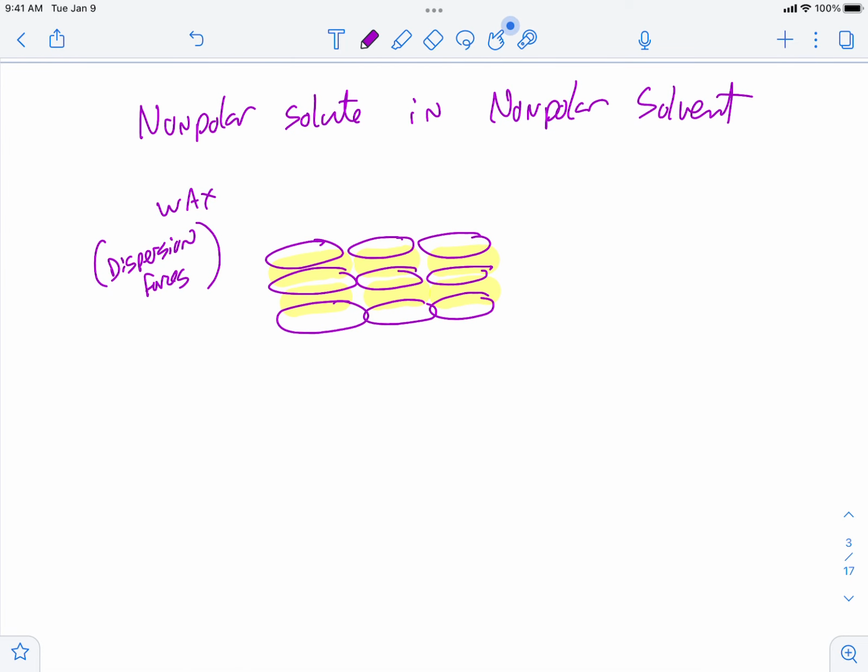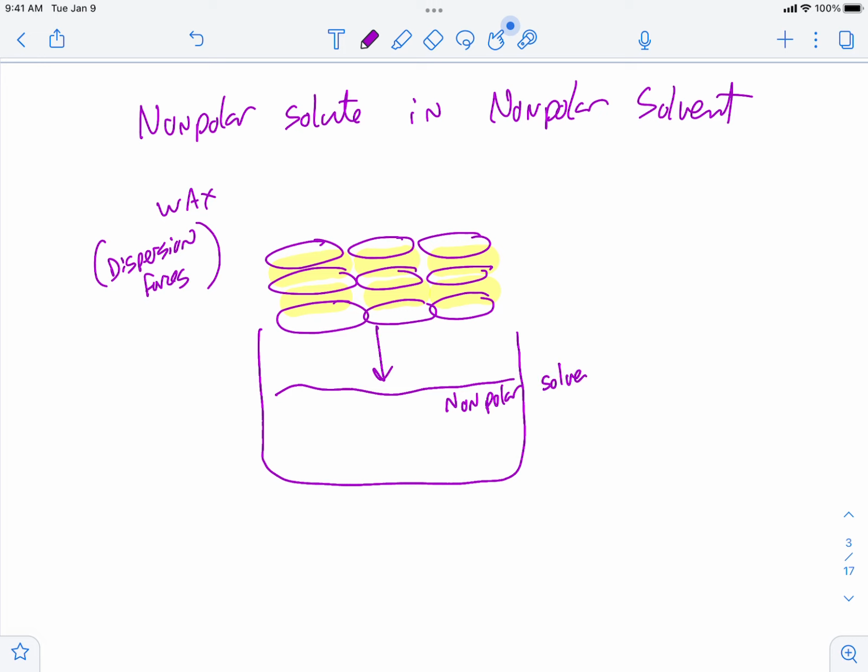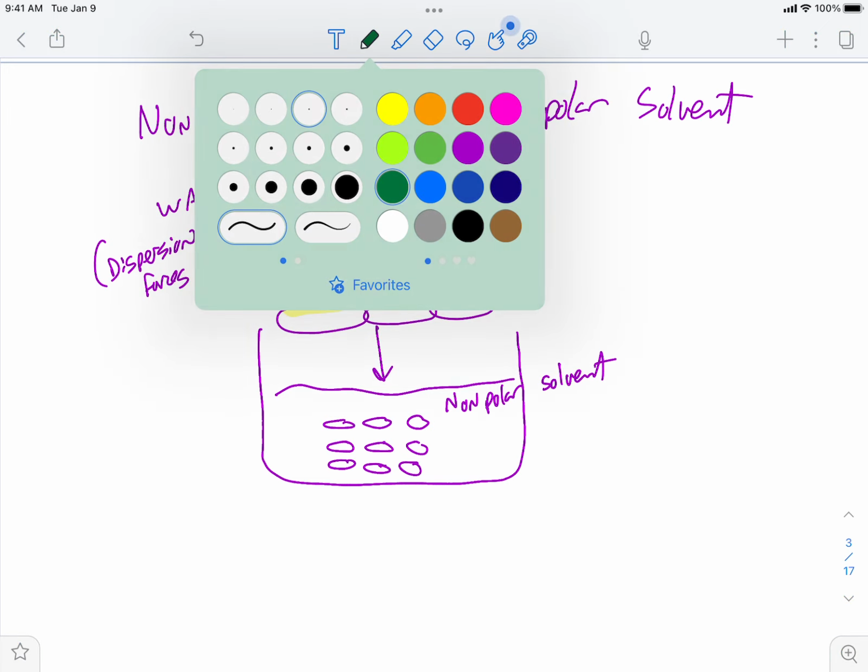So, if I were to plunk this into a non-polar solvent, let's make the non-polar solvent here green.